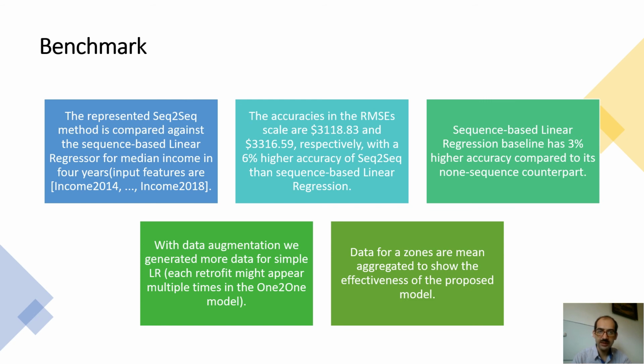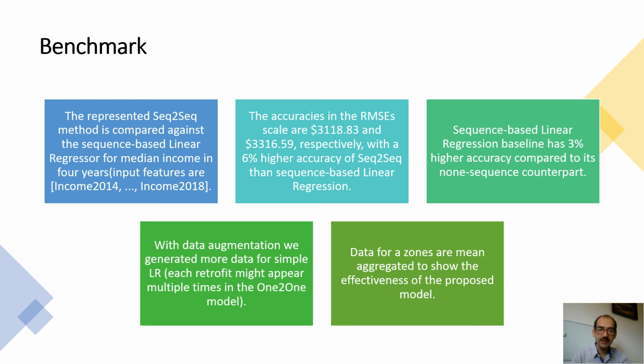The seq-to-seq model gained 60% higher accuracy when compared to the sequential linear regression, and correspondingly, when I compared the seq-to-seq model to its non-sequence counterpart, the simple linear regression, it had 3% higher accuracy.